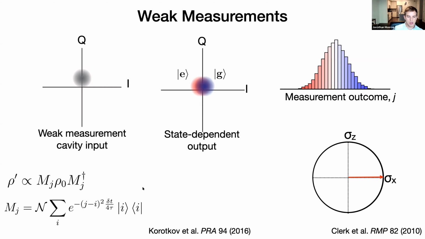So we have a formalism that we use to update our state of knowledge about the qubit. That's the standard density matrix evolution with measurement operators M sub j corresponding to whichever measurement outcome is obtained. The important part here is that the measurement operator is a Gaussian weighted sum.